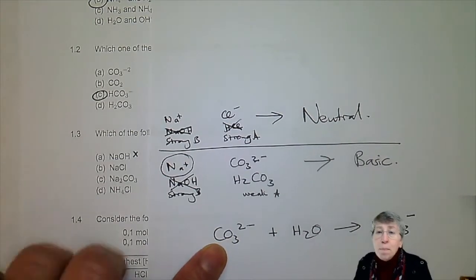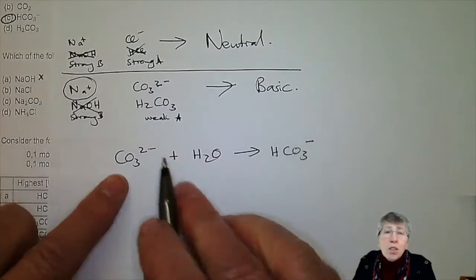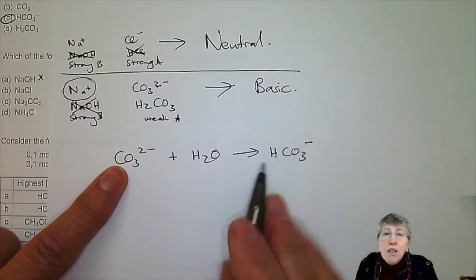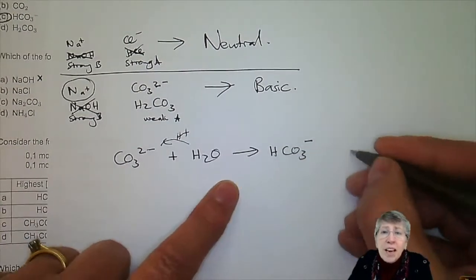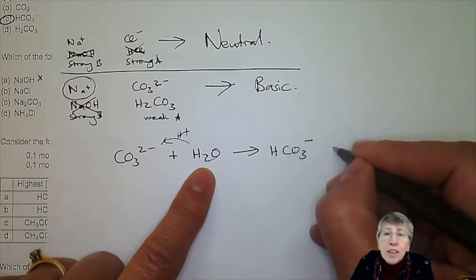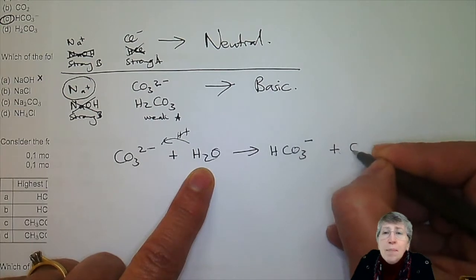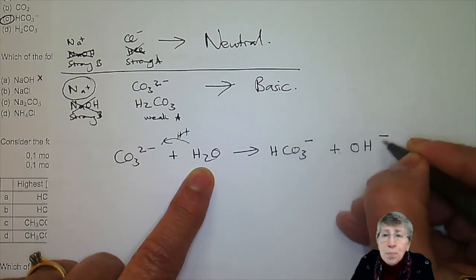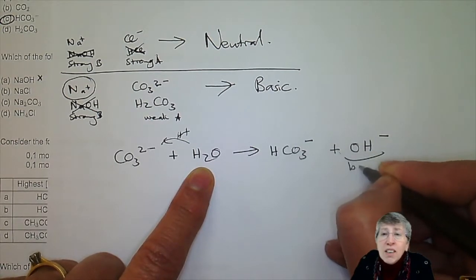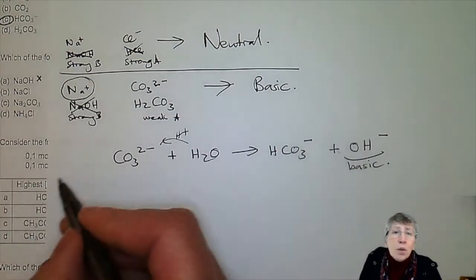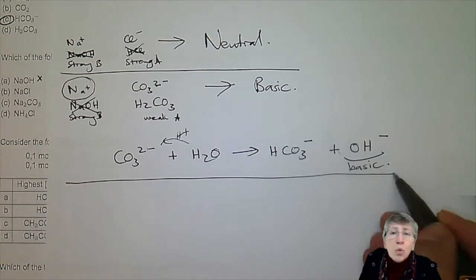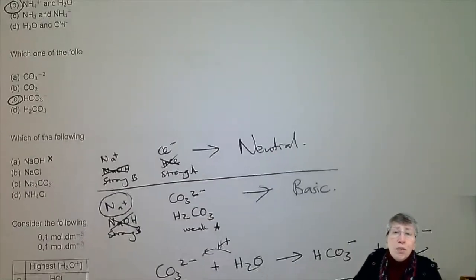Now it's only minus because it was 2 minus and it received an H plus. And then what will happen to the water if it gives off an H plus? It means that will end up with OH minus, and that is why the solution is turning basic, because the carbonate is reacting with the water. It is producing OH minus.